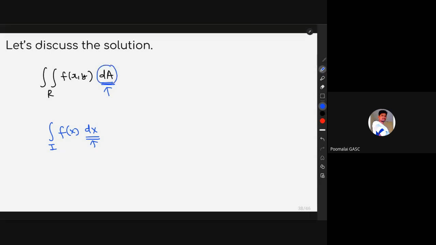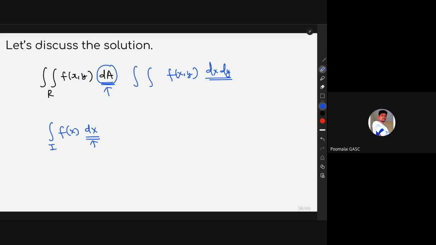Similarly, when you work in two dimensions, what is the relevant small region? It is not a segment, it is going to be a small square or rectangle. So in particular, this dA is dx times dy.